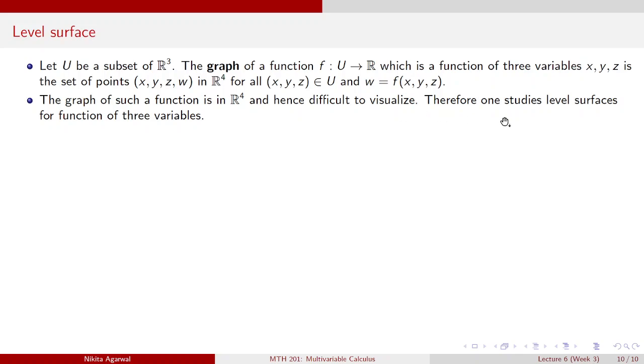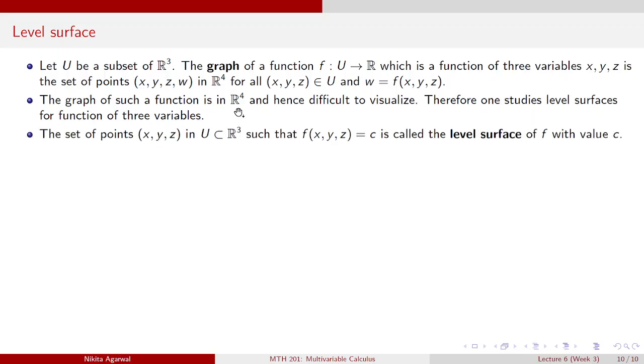Therefore, one studies level surfaces for functions of three variables. What is a level surface? It's the collection of points (x, y, z) in the domain, which is a subset of R3, such that f(x, y, z) is a constant. This is called the level surface of f with value c.